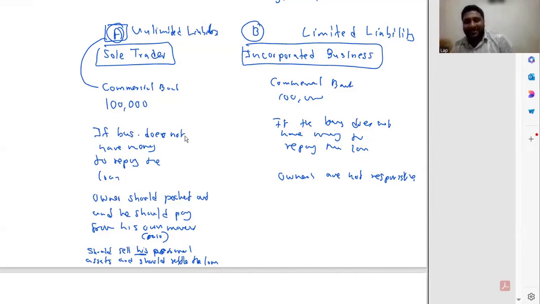You don't start a sole trader business. Go and start an incorporated business, a properly established private limited or public limited business. Take a lot of loans from the banks. If the banks ask, I say I'm not responsible, I'm an incorporated business, you ask the business.